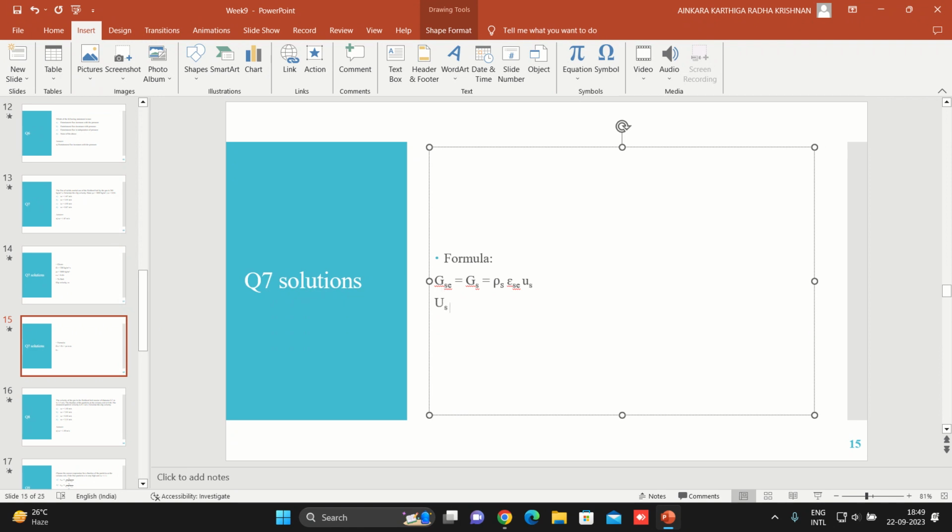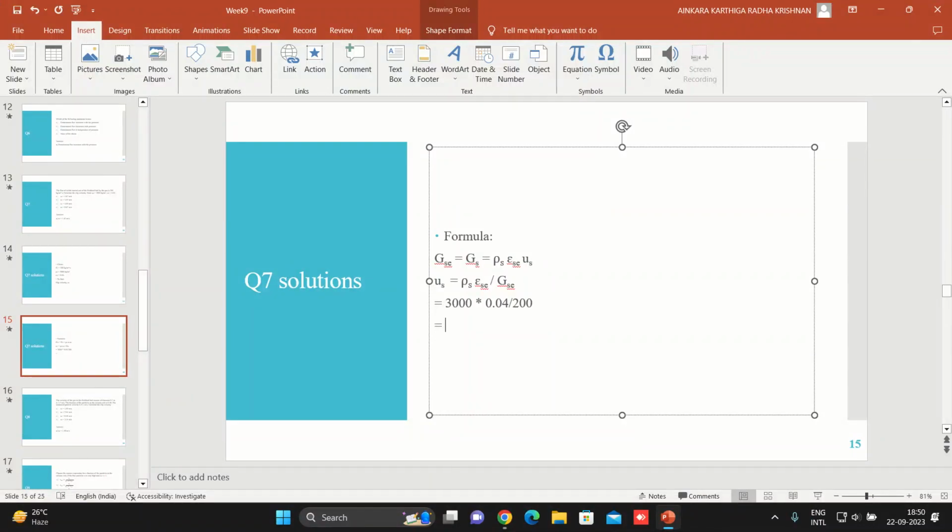So Us, the slip velocity, would be rho s into epsilon se divided by Gse. We know all the given values. So rho s is 3000 into epsilon se, which is 0.04, divided by 200.